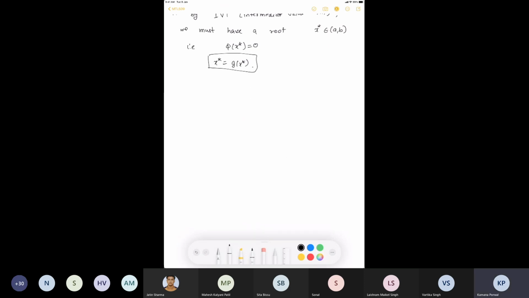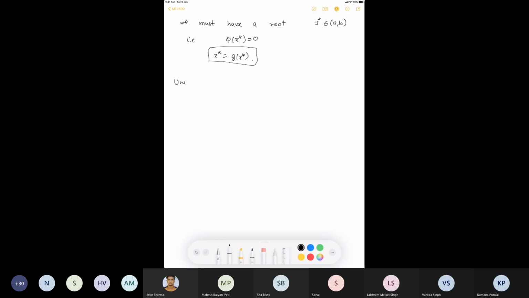So what do we have to do if we want to show that G will have a unique fixed point in the interval [a, b]? How should we proceed? Take two fixed points, then show that the two are equal. Right, so we start with two fixed points and try to show that they are the same.